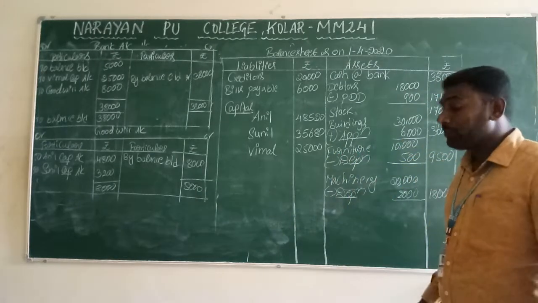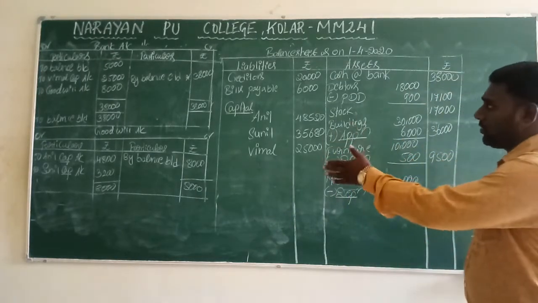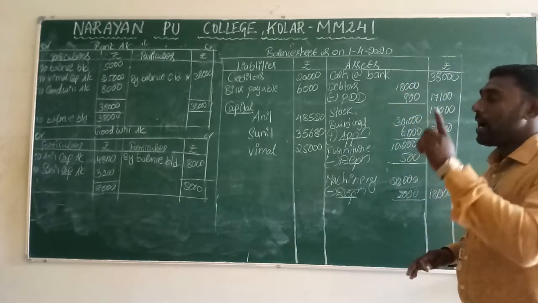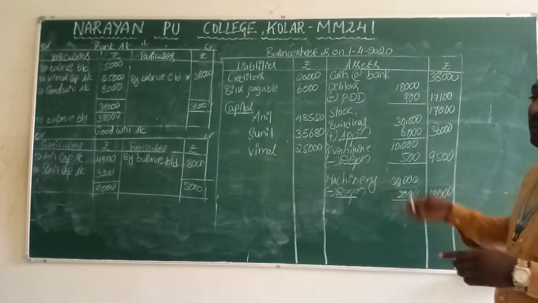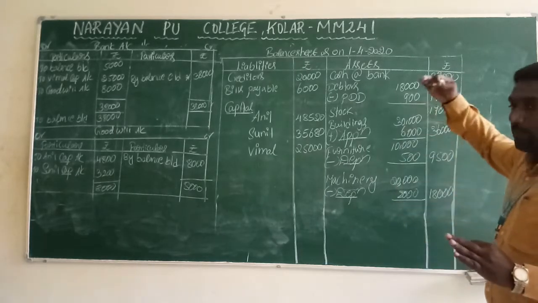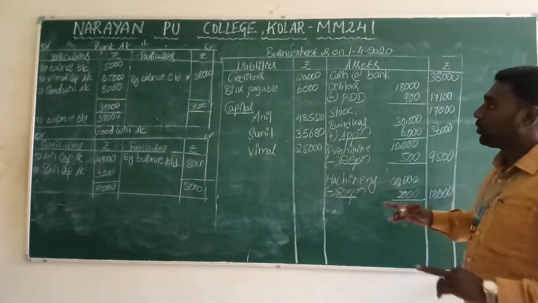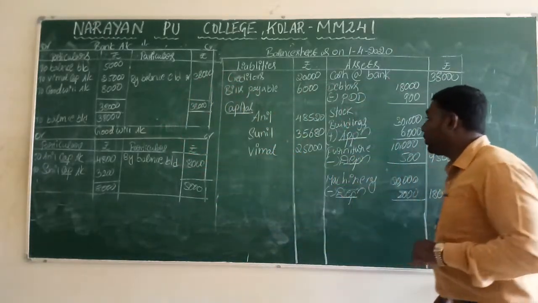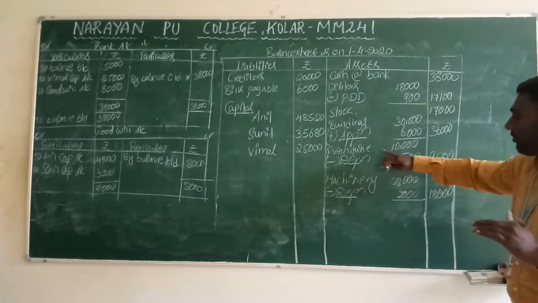And finally, all the transactions we should record in the balance sheet. Let's come to the adjustments. Adjustment number 1 says that he brings capital and goodwill. Once we record it in the partners' capital account, second we should record it in the bank account. That is sufficient. Adjustment number 2, depreciate machinery and furniture.